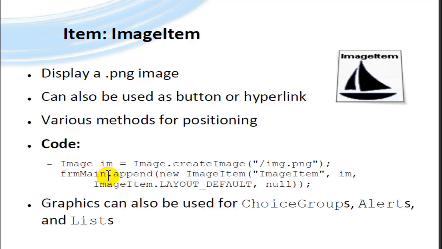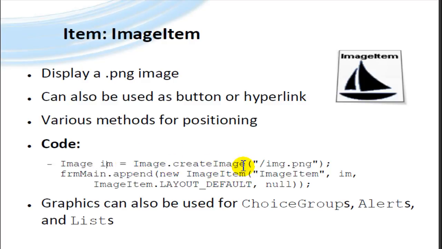The image needs to be created first. This is important. After that we create a new object, like new ImageItem. We can do it separately and then append that to the form. But here we do it together: formMain.append, and in there I'm creating a new ImageItem. That will be created out of this.